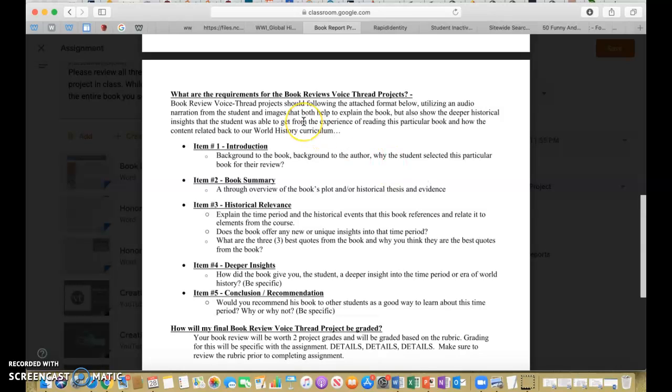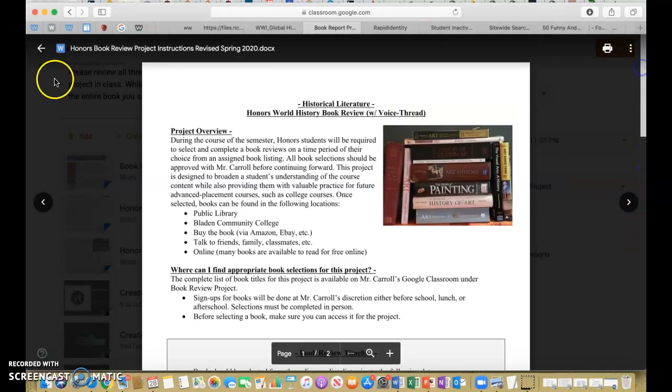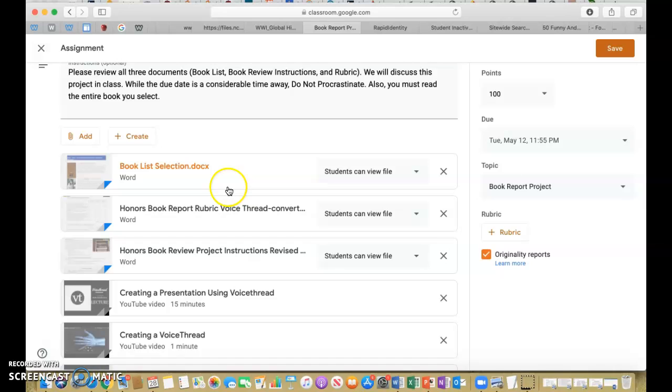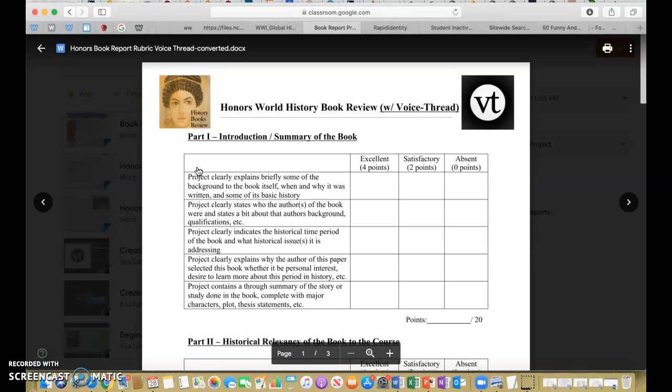That's really going to show that you read the book and that you have a good understanding of what the book is detailing. Finally, you can see that I'm starting to put some links here on how you can use those resources, if you will. Here is the rubric, just real quick. What we're looking for as it talks about each section.